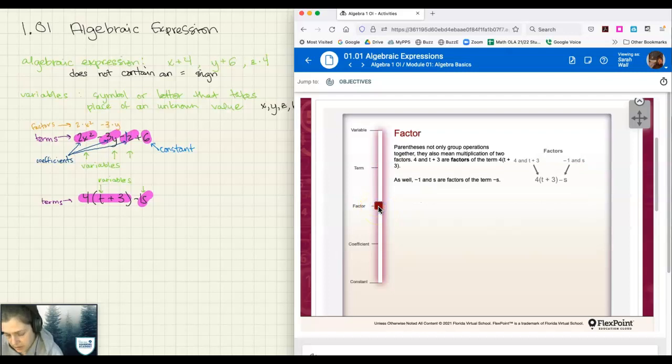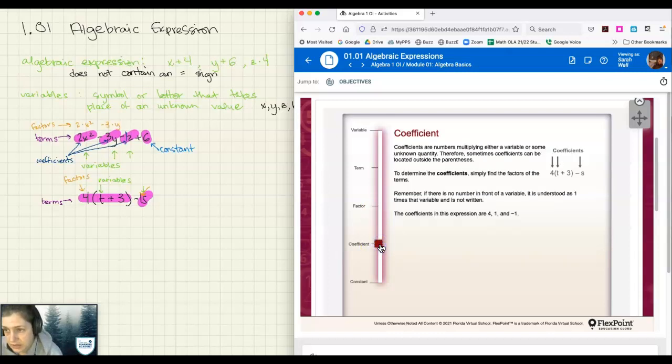Your factors are still whatever is outside. So when you're distributing, that's what your factor is. Because if you were distributing that, if you divided the whole thing by 4 or negative 1, that would be where your factors come from.